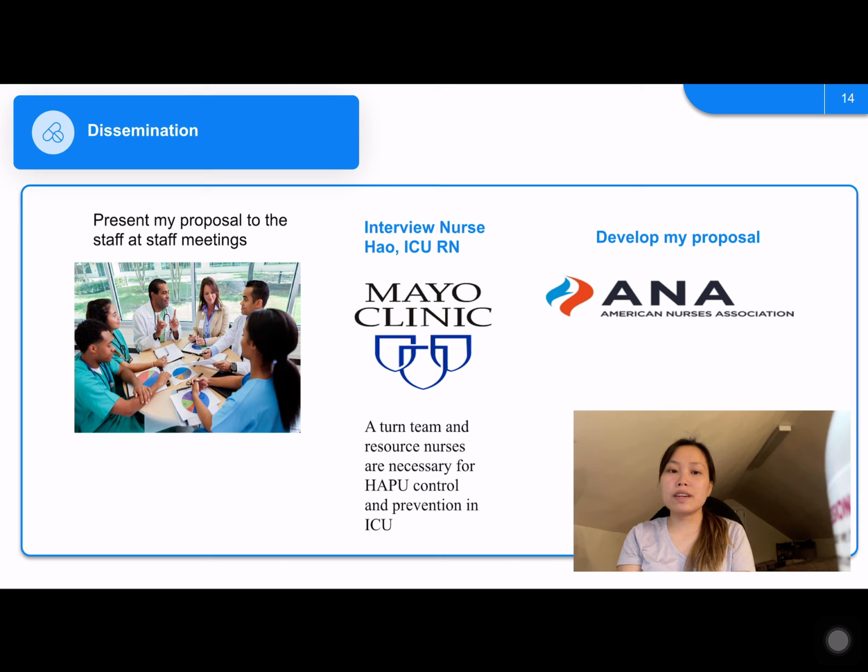She mentioned that it's very beneficial for ICU patients. They are able to see improvement in patient outcomes and also reduce the cost because they reduce pressure ulcer incidents. Also, she mentioned there is a need for communication between the primary nurse and the turn team. They have to communicate clearly and significantly to be able to perform the assignment.